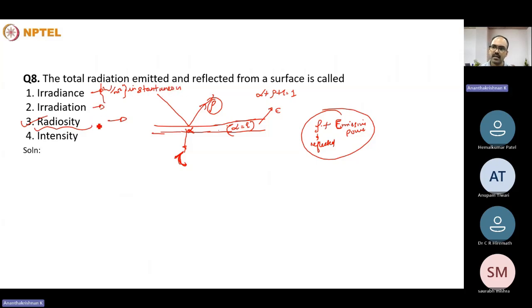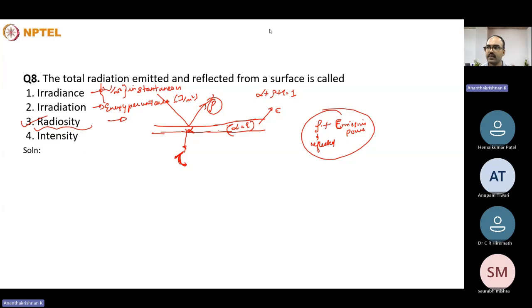Irradiation is the total energy received per unit area over a specific period. So it is energy per unit area. This is joule per meter squared.